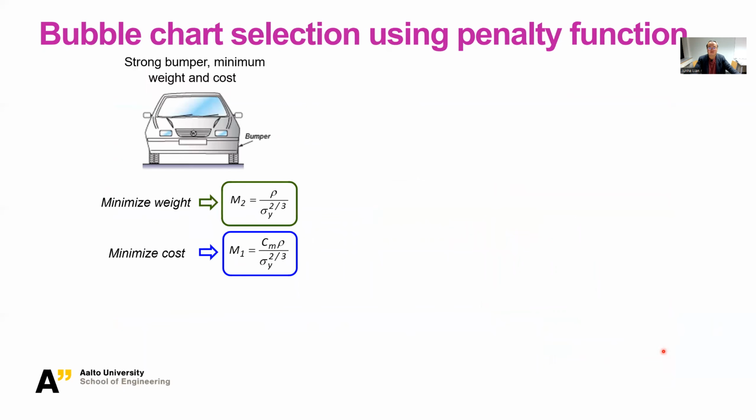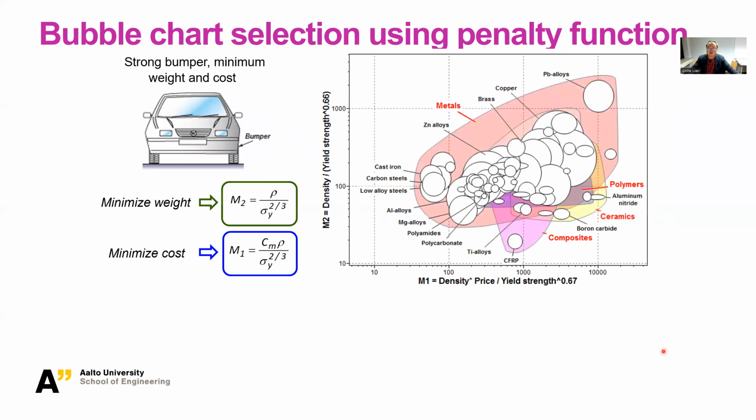And if you want to make the plot a little bit more vivid, or provide a little bit more information, we would like to teach you how to use the bubble chart to do this penalty function. Here we need to pay attention a little bit to this bubble chart. I'm going to show you right away. Because we're not just plotting M and C, we're actually plotting this M1 and M2.